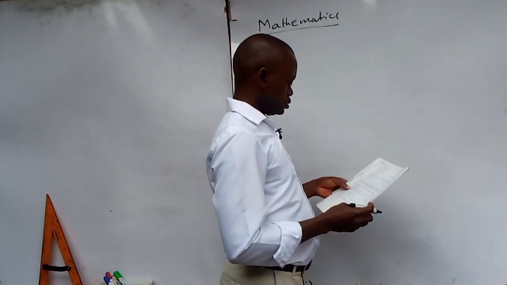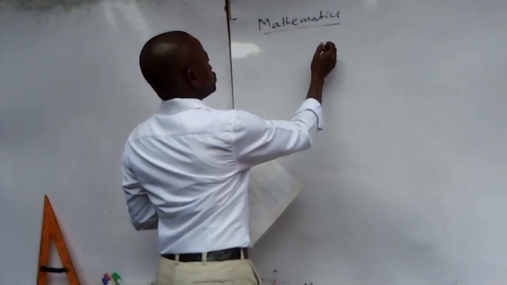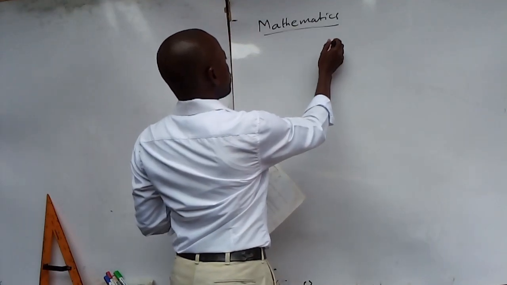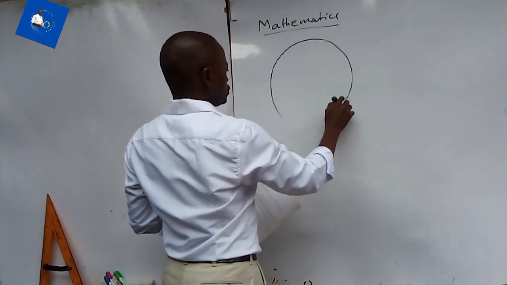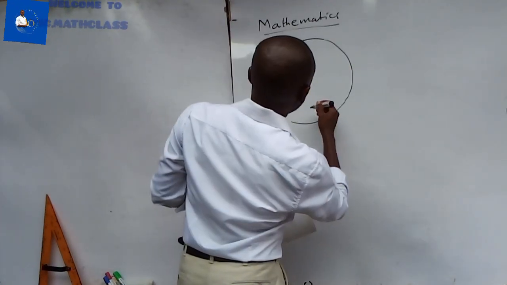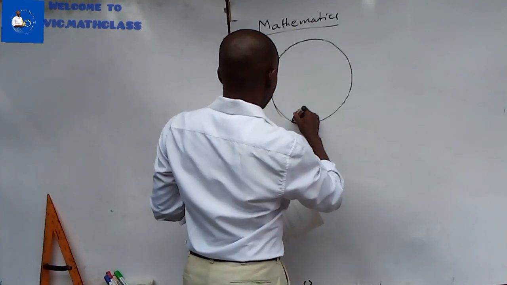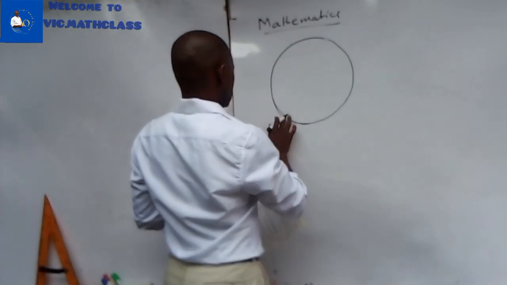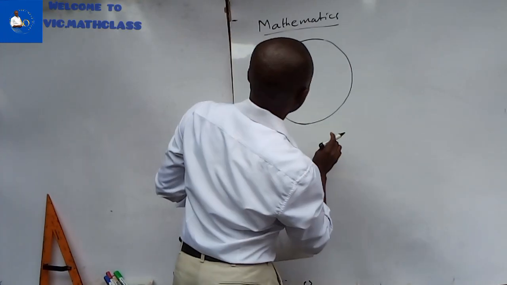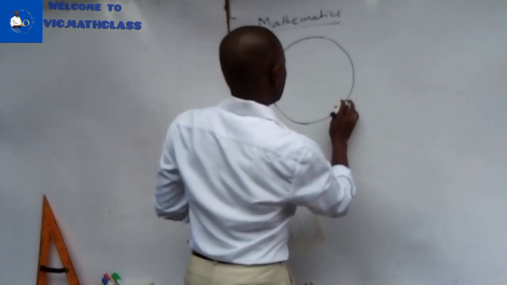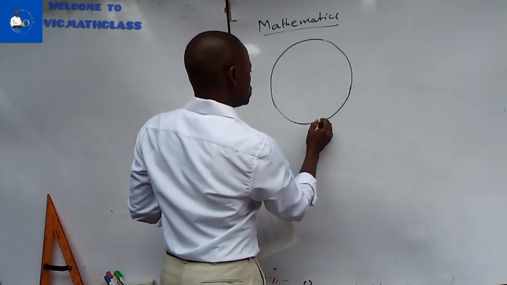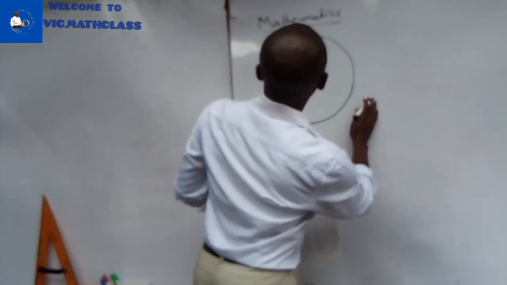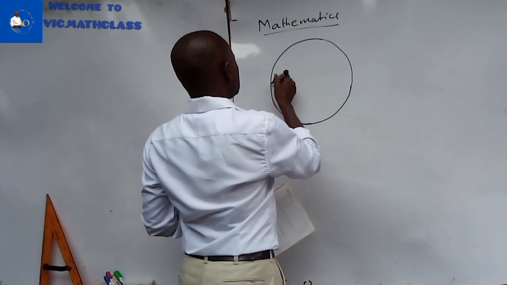So let me make a sketch of what this will look like. We are trying to present a sphere because the earth is spherical in shape. So please bear with us however we make this to look.